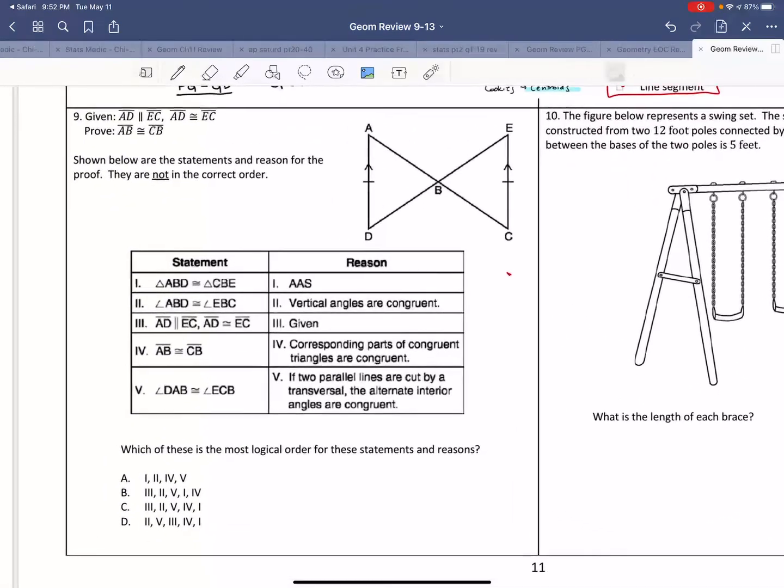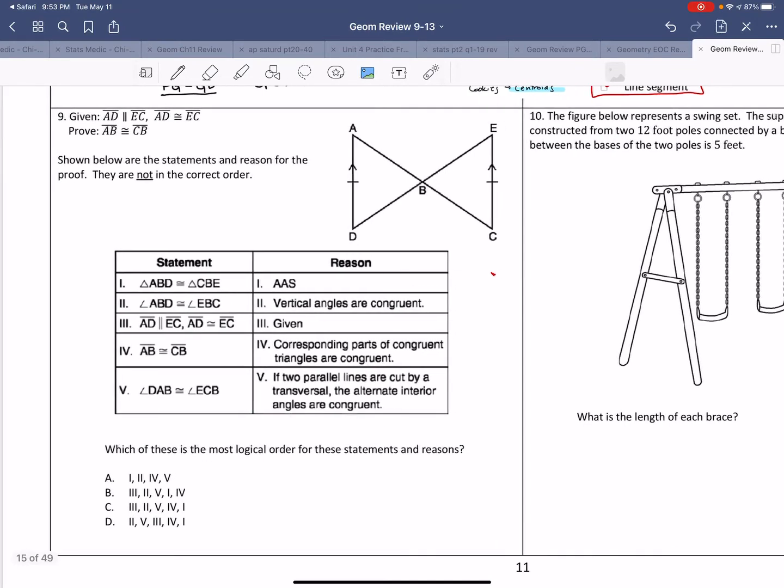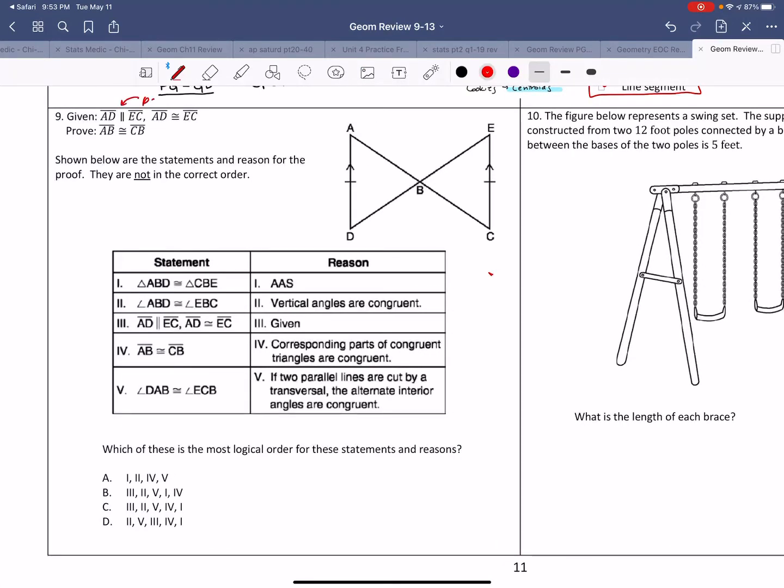It says, given that AD is parallel, so this symbol means parallel, AD is parallel to EC. We automatically know if you see a Z, if these two lines are parallel, that's going to be AIAT, alternate interior angles. These angles will be equal.